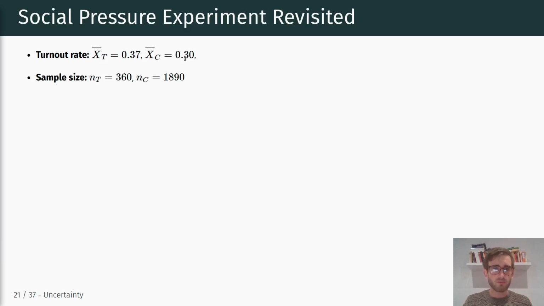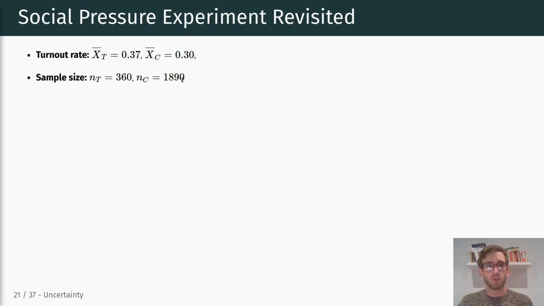So we have two different sample sizes and two different sample averages, and we're looking at the difference between those two. The sample size in the treatment group was 360 people who were registered to vote, and we looked at actual turnout.